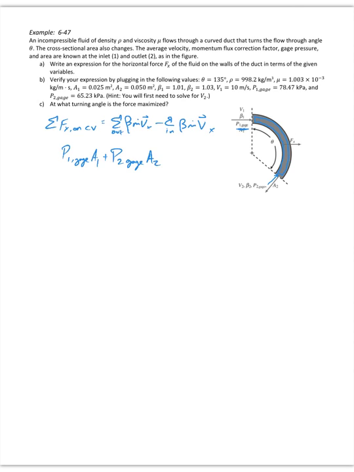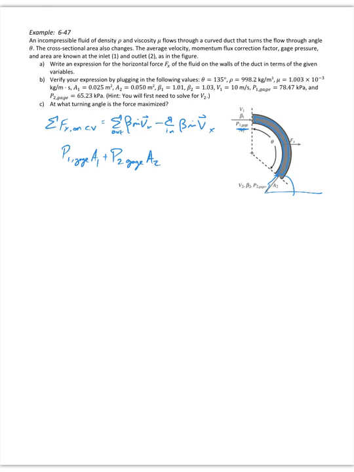Now over here at point 2, my force is not acting in the x direction. There's a component to that pressure force that's acting in the x direction. So I need to multiply by some cosine of some angle here. The way I've drawn this, the x component of this pressure is going to be basically this angle.